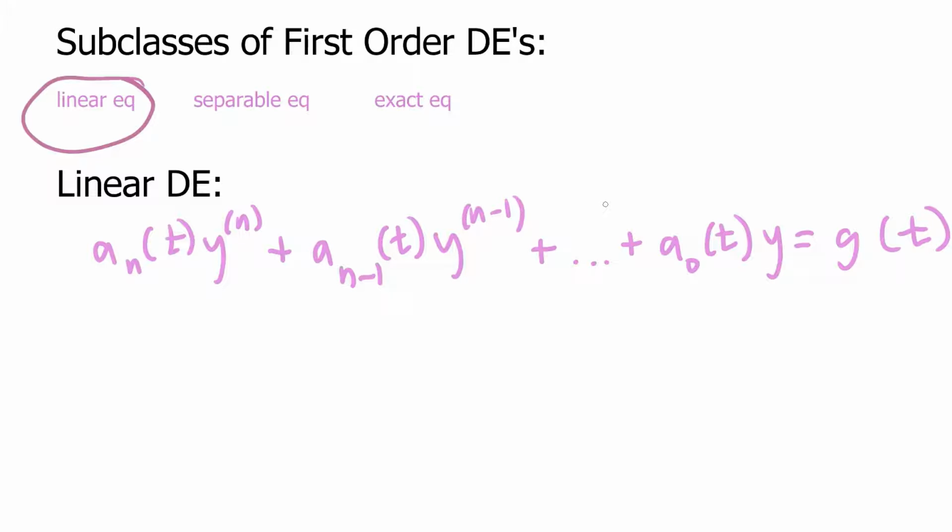Basically what this is telling us is that each term of the equation is a product of a function of t, as we see a_n of t, and a derivative of the function y. This keeps on going until it reaches the zero derivative, which is the plain y function, and at the end it equals another function of t, g of t.